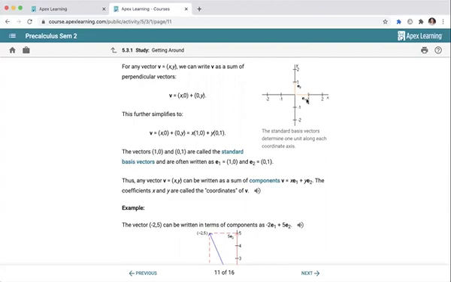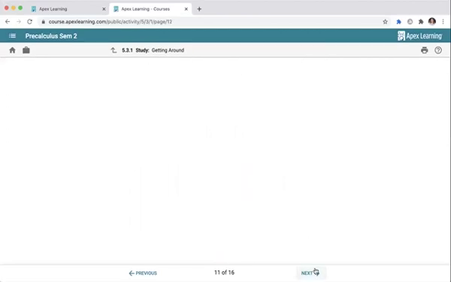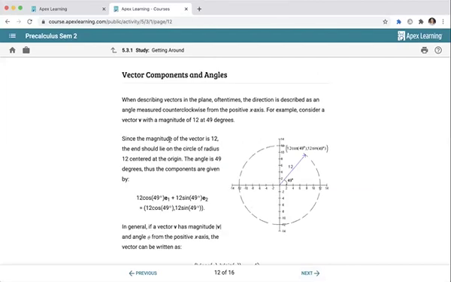Again, because E1 is talking about our x direction, and E2 is talking about our y direction. So we went -2 in the x direction and +5 in the y. All right. And the reason we can do this is because it makes it easier for us to look at our vector components and our angles. Dealing with things in terms of E1 and E2 becomes easier because then we can use them like XY coordinates.